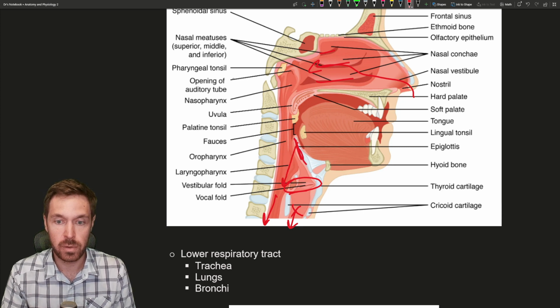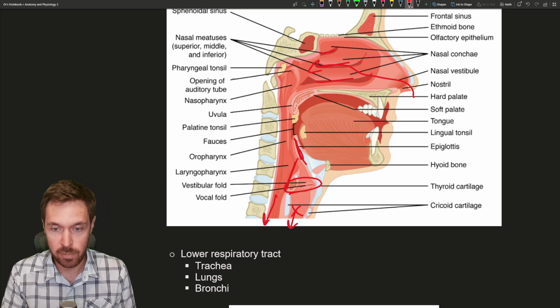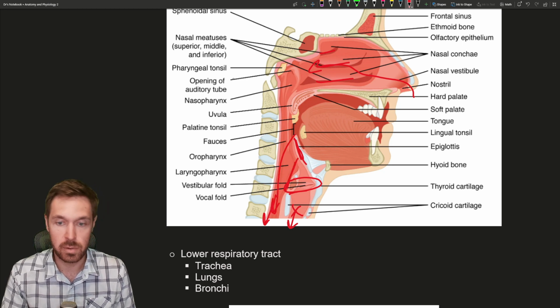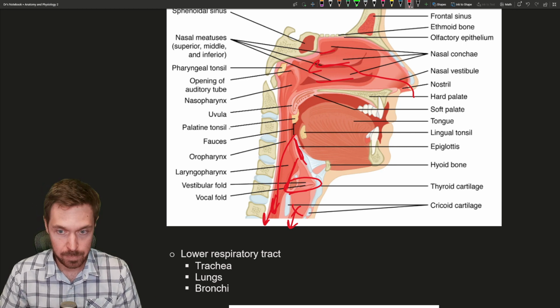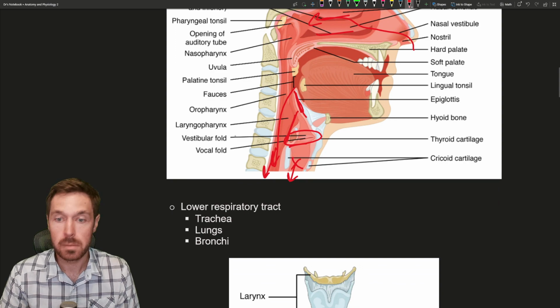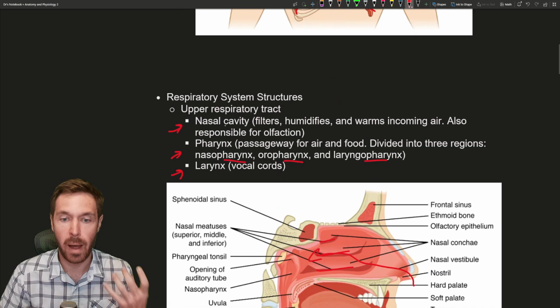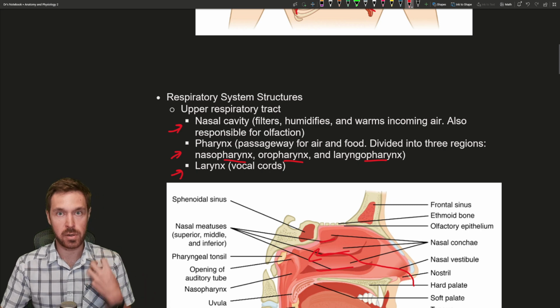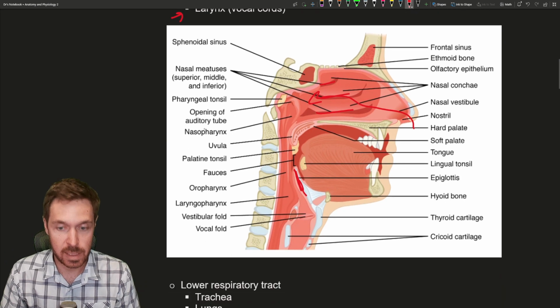So whenever you swallow food, there's an automatic reflex which closes the glottis. It covers the trachea so that food goes down the esophagus. But every now and then mistakes happen and you cough it up. So that's the upper respiratory tract for the larynx. Larynx is your voice box, and so that's where your vocal cords are. I'm using those now as air comes out. They vibrate at different intensities.